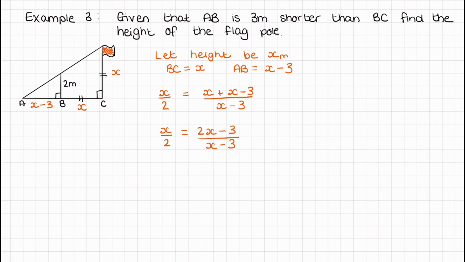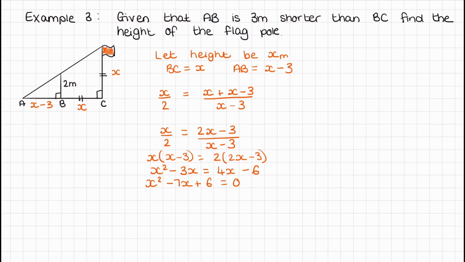Now from here we want to get rid of the fractions so we can cross multiply. So we'll have x times x minus 3 equals 2 times 2x minus 3. Expand out, so we'll have x squared minus 3x equals 4x minus 6, and you'll be seeing now it's starting to look like a quadratic. Take everything to the one side of the equation to make it equal 0.